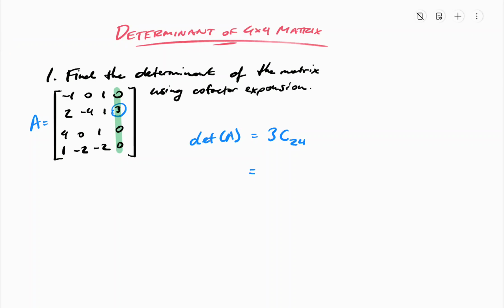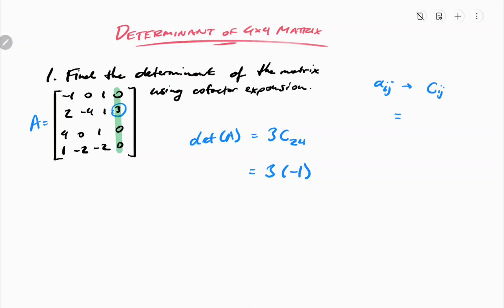To calculate the cofactor 2, 4, this is equal to -1 to the power of the sum of the indices. So let's say we have i and j. If we have a spot in our matrix at i and j, its cofactor will be the cofactor at i and j.